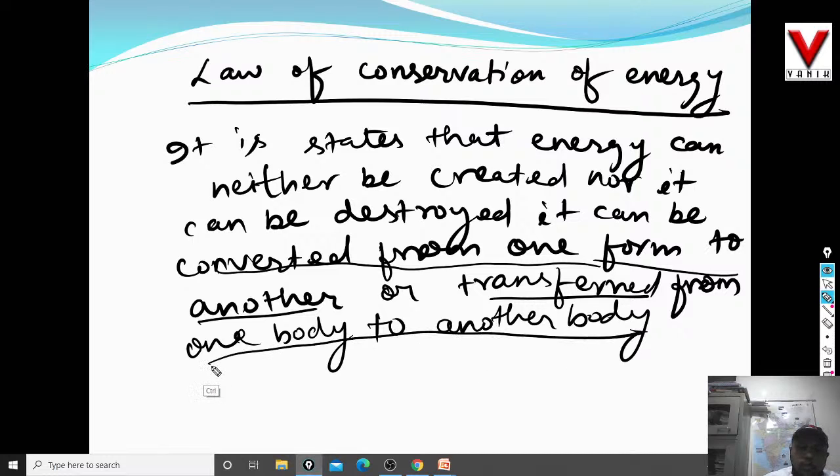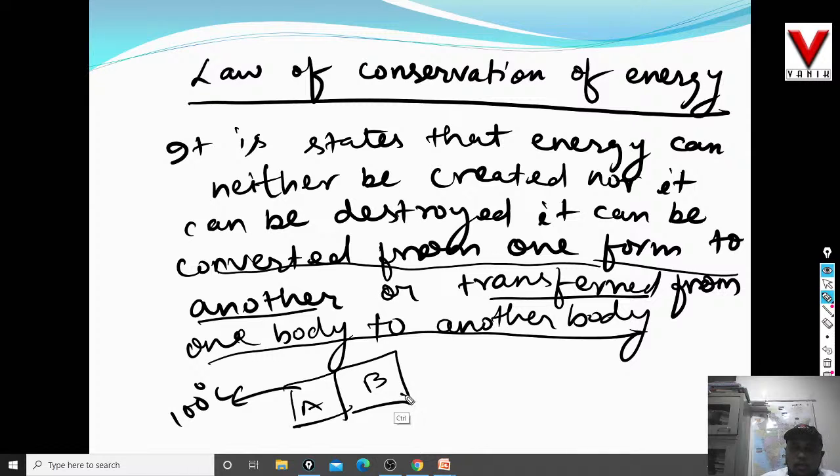Now see, converted from one form to another and transferred from one body to another are two different things. Say if I tell you the meaning of transferred from one body to another: this is a body A and I am having another body B. Say body A has a temperature of 100 degrees, body B has a temperature of 20 degrees. That means the heat in A is higher than the heat in B. So what will happen?